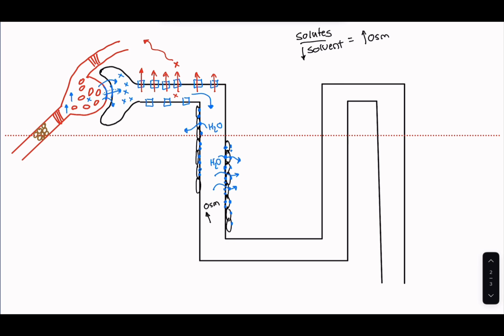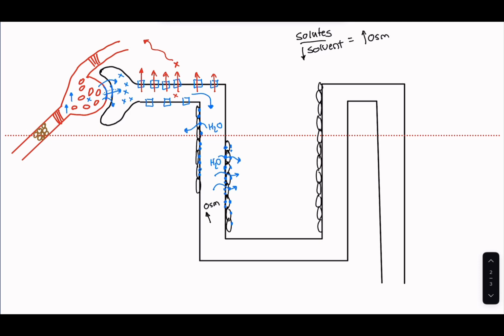This descending limb will flow into what's called the ascending limb. And the ascending limb has two distinct regions. One of them is the thin region and the thick region. I'm going to kind of ignore that for simplicity. But this ascending limb is also made up of epithelial cells. So imagine there's a bunch of cells making up this border right here. And what they do is they're pretty impermeable to water.